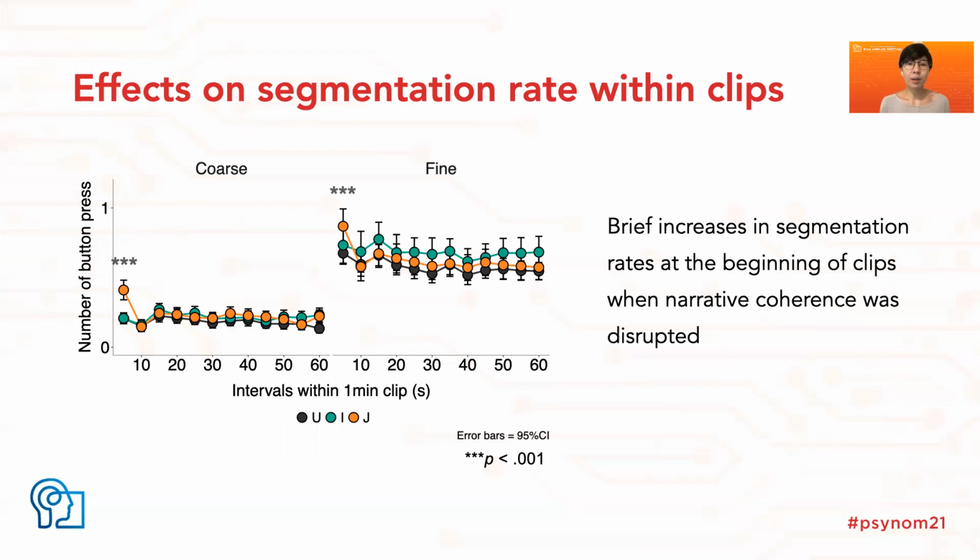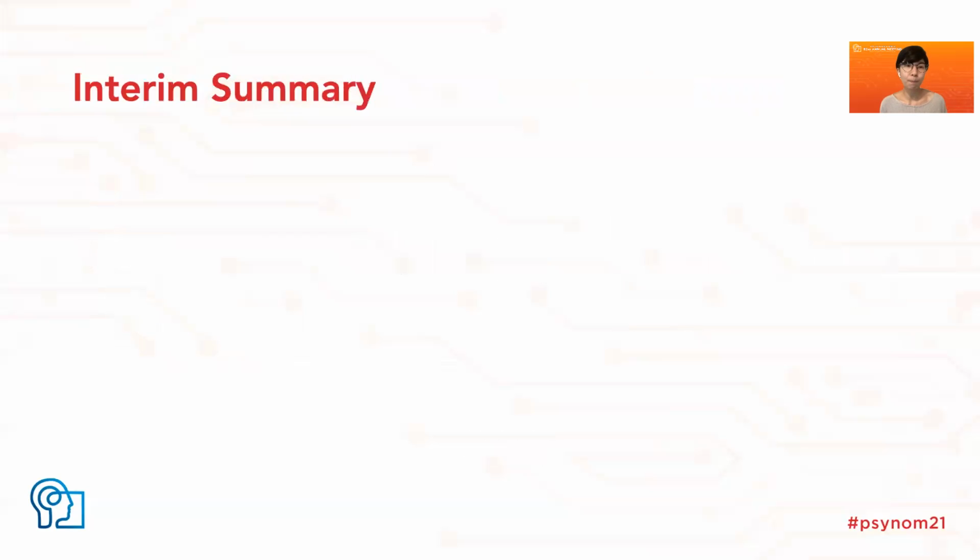So this suggests that when recently accumulated information forms an incoherent narrative with what is happening now, we briefly increase segmentation, potentially as a means to gather more information. However, we seem to not need much information at all, and that 5 seconds worth of information is enough to make sense of what is going on now.